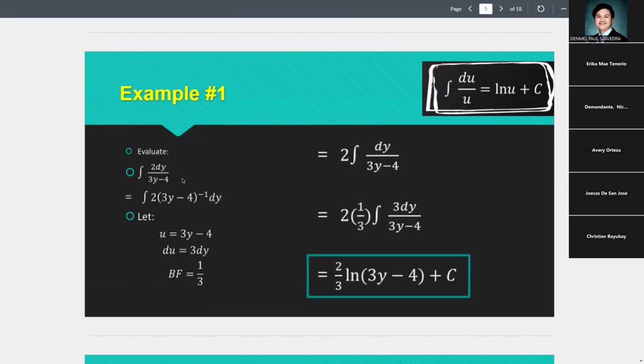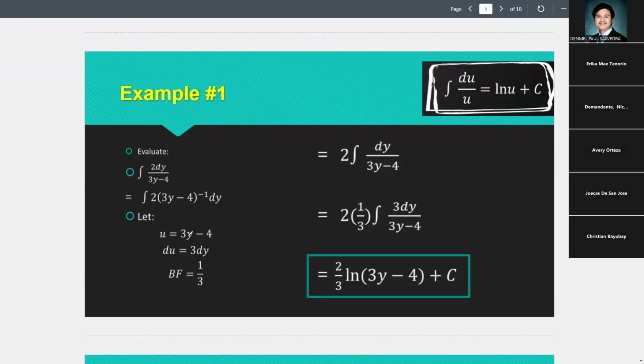Again, this is our du, this is our u. So this is our u, and then this is our du. Take this as your u, and then just derive it, and you should be able to get 3 dy. Is that correct?